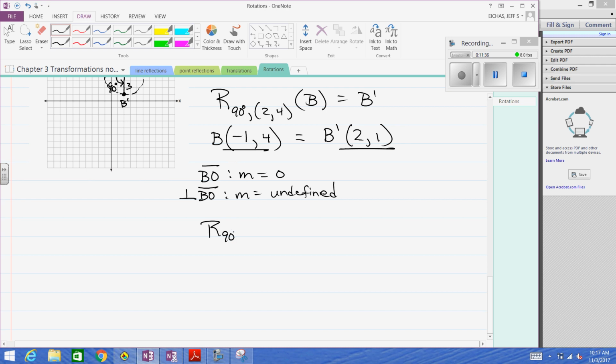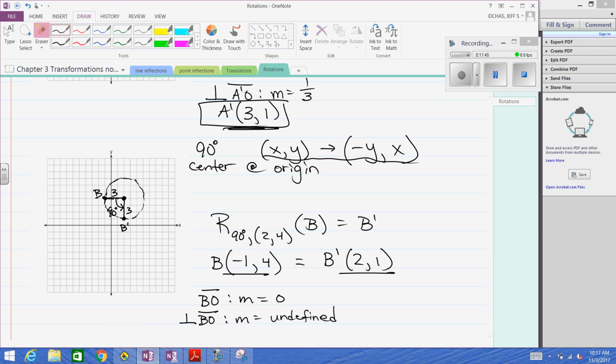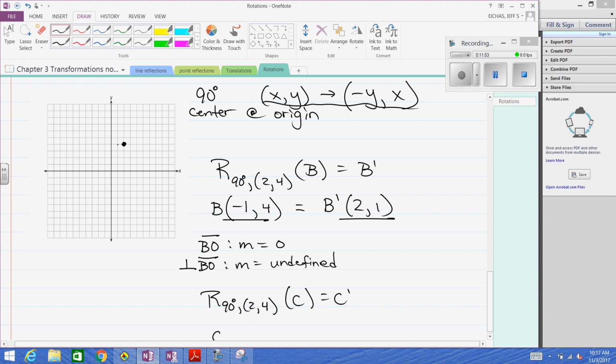Let's use the same center of rotation, and let's go with C. Okay. Now I'll erase some of this. Let's get rid of B for a minute. All right. So let's go with a little more difficult problem. Okay.